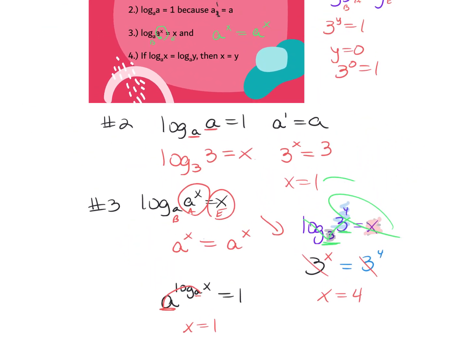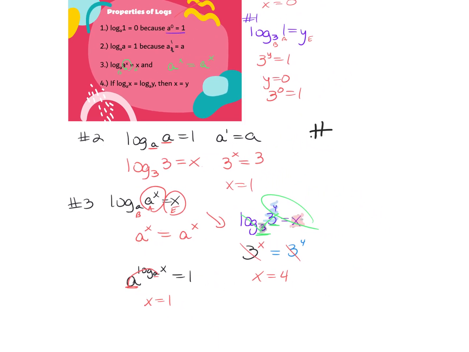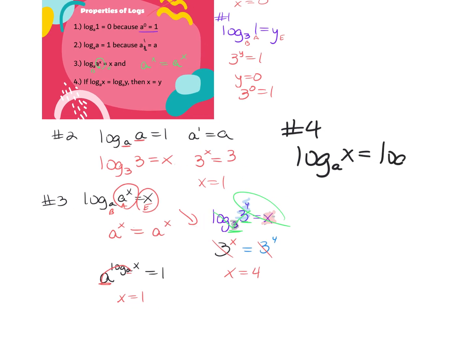And then one more property. So on number 4, if the log of base a of x is equal to the log of base a of y, then x equals y. So for example, for number 4, log base a of x equals log base a of y.